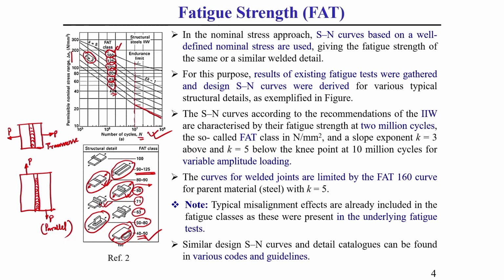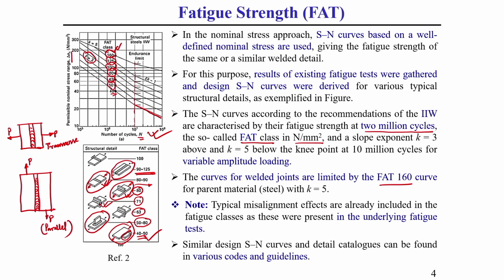According to the IIW recommendation, the SN curve is characterized by the fatigue strength at 2 million cycles. Whatever fatigue strength we get at 2 million cycles is called the FAT class value. Keep this in mind: its unit is Newton per millimeter square, or megapascal. And this curve for welded joints is limited by, for a FAT value up to 160, which I have already told you.